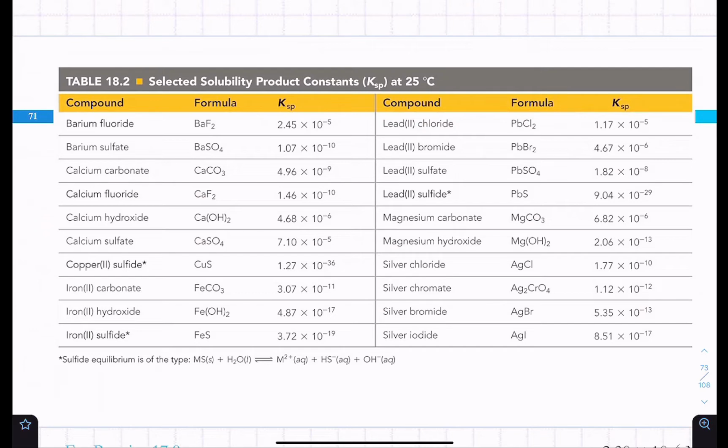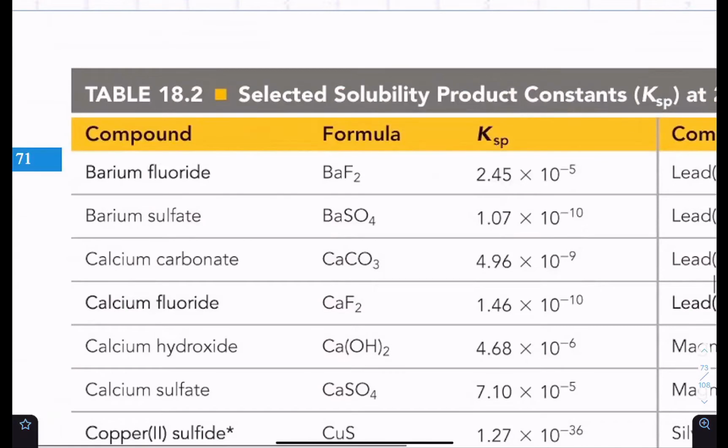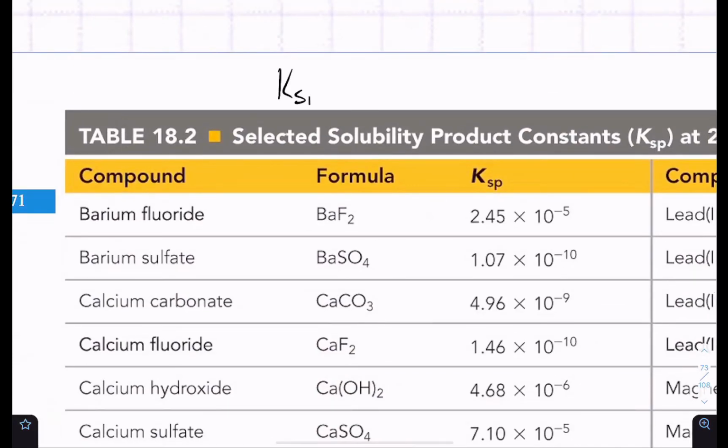For something like barium fluoride, now our KSP equation is going to be the concentration of barium 2 plus times the concentration of F minus squared. And so something like barium fluoride is actually producing a lot more ions in the solution per mole of barium fluoride that dissolves. So the reason that molar solubility is so useful is it takes this into account.